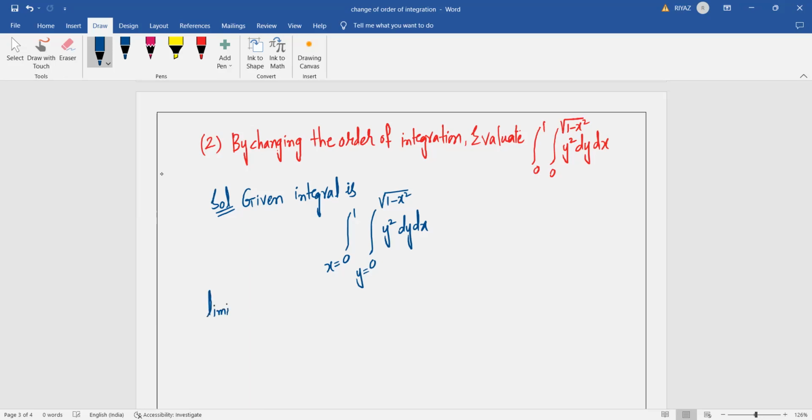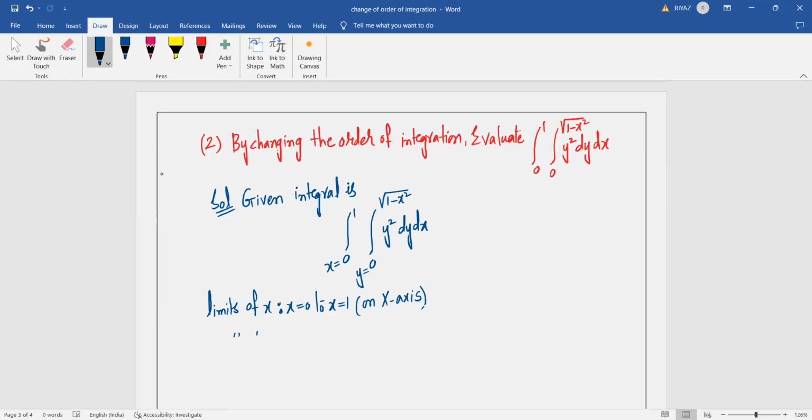Limits of x. x is equal to 0 to x is equal to 1, and definitely it lies on the x-axis. The x limit should lie on the x-axis only, no?